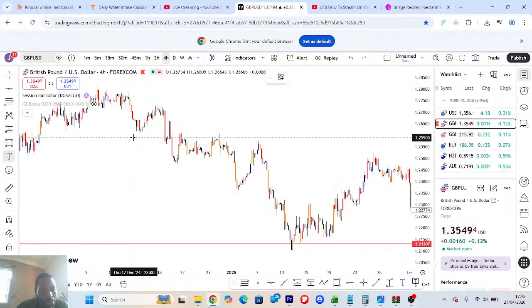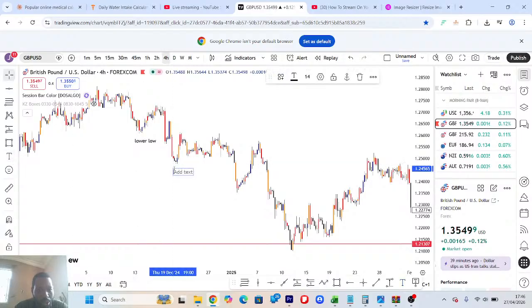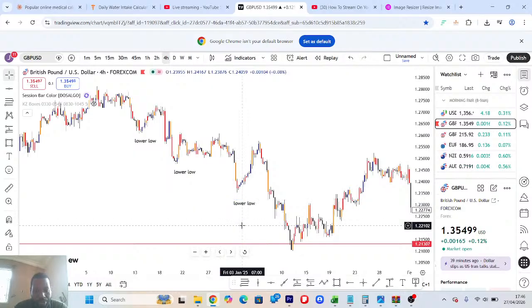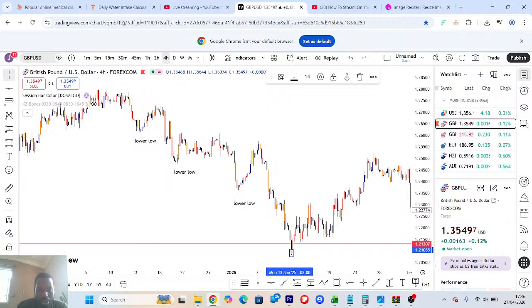If you look at it, this is a lower low, lower low, lower low. So this is, I would say, the last lower low when it touched that point. So this is the last one.